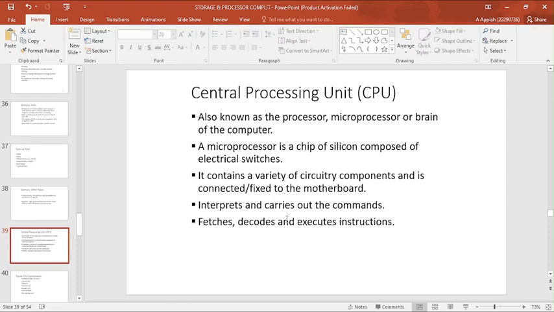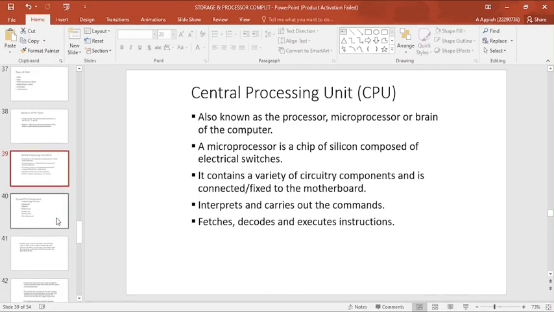The CPU also does what we call fetching, decoding, and executing of an instruction. So before an instruction can be executed, there is a part of the CPU that must fetch the instruction. There is a part that must decode it before the execution is done. So we shall look at these things pretty soon.